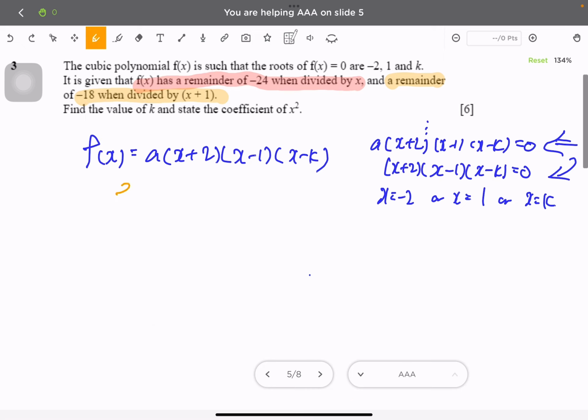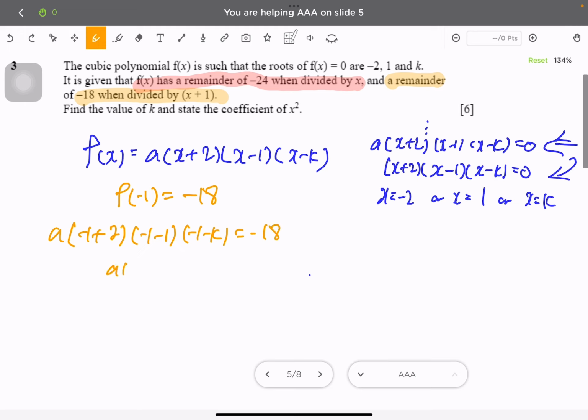So if I sub in x as minus 1, it will be equal to minus 18, correct? So now I sub in minus 1: a times (minus 1 plus 2)(minus 1 minus 1)(minus 1 minus k) equals negative 18.